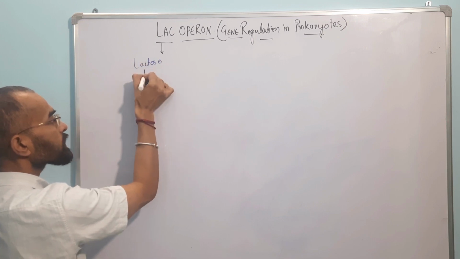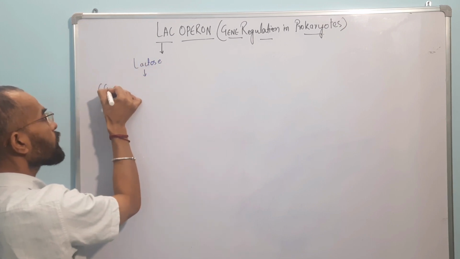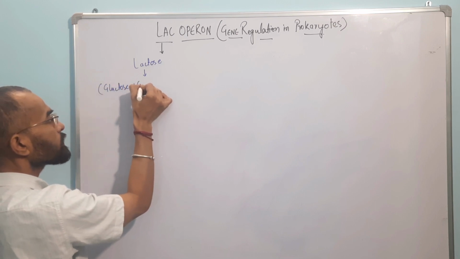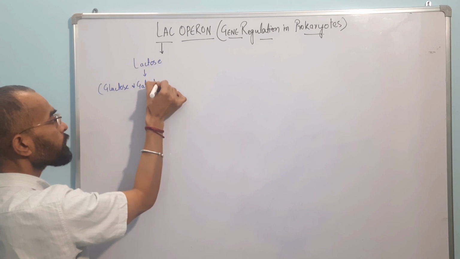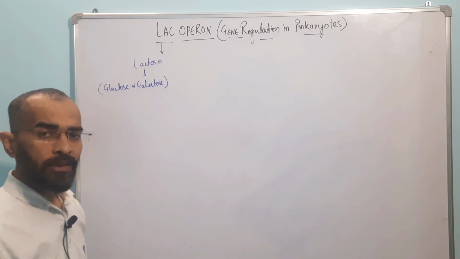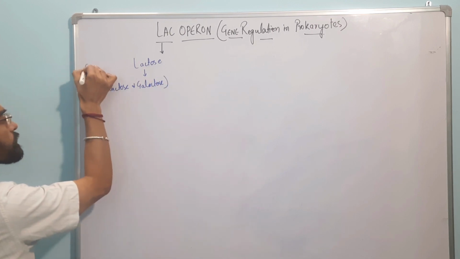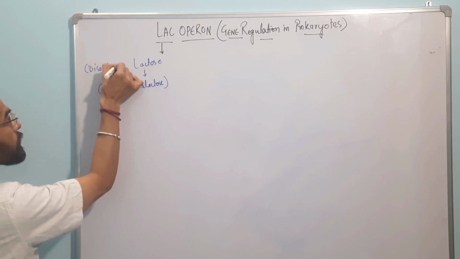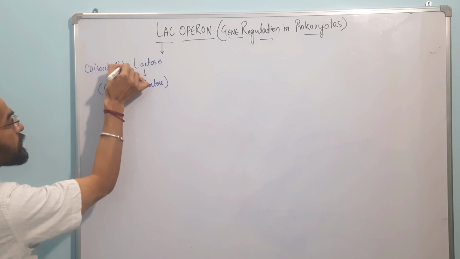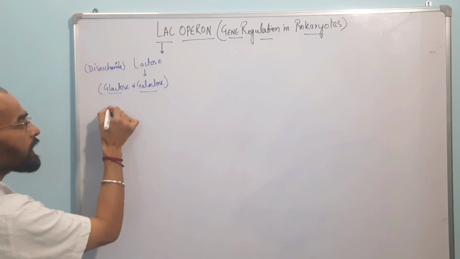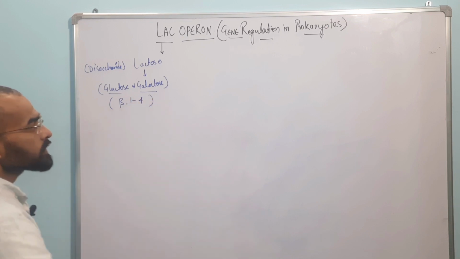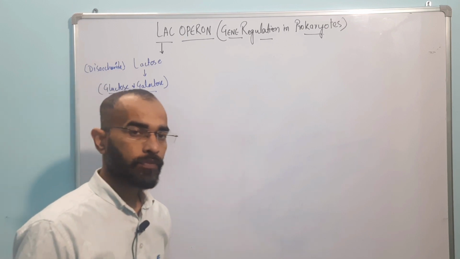And lactose is composed of glucose and galactose, so we know that lactose is a disaccharide, which is made up of glucose and galactose by beta 1,4 linkage. Understand?